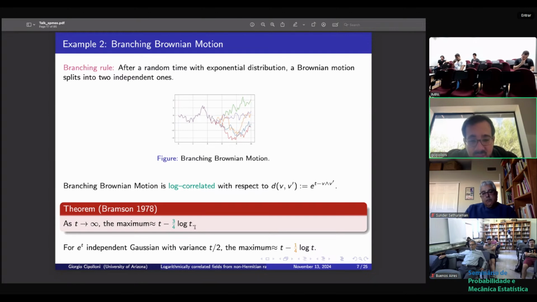But more is true, as we will see in the next slide: this expected universal behavior also appears at the next order. So far, this approximation is deterministic, so one can ask what happens on the fluctuation level, the fluctuation of the maximum.